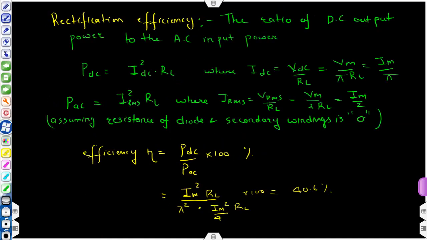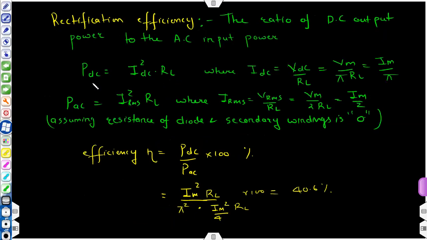Next thing defined is efficiency. Some input is given, we are receiving output, so we calculate efficiency. Like we fill our vehicle with some petrol, so we calculate the efficiency, in how much liter, how many kilometers we can travel. So we defined rectification efficiency. It is the ratio of DC output power to the AC input power.